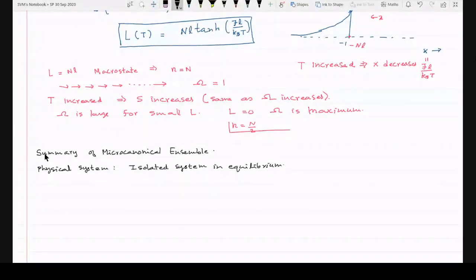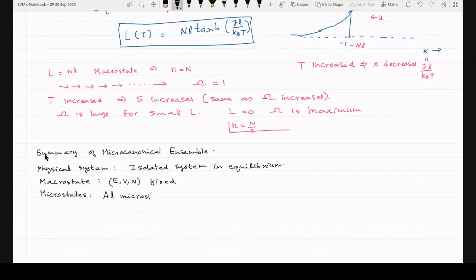And for such a system, the macro state is defined by fixing the energy, volume, and number of particles fixed. And what can we say about the microstates? In this particular ensemble, all microstates are equally probable.